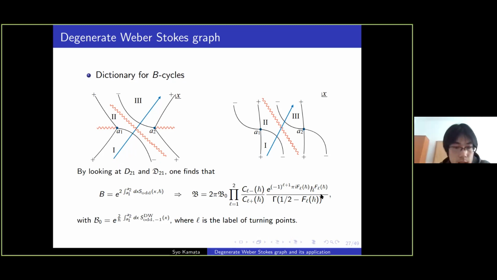So this is the dictionary. Because this B cycle intersects with the A cycle twice, it has the information of F, which is the information of the A cycle. And here, this is an exponential damping term. So this is the dictionary.